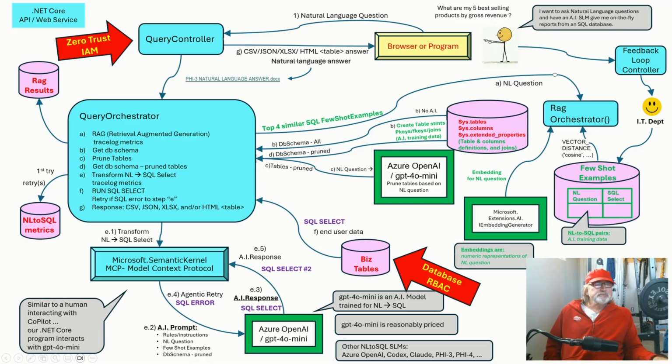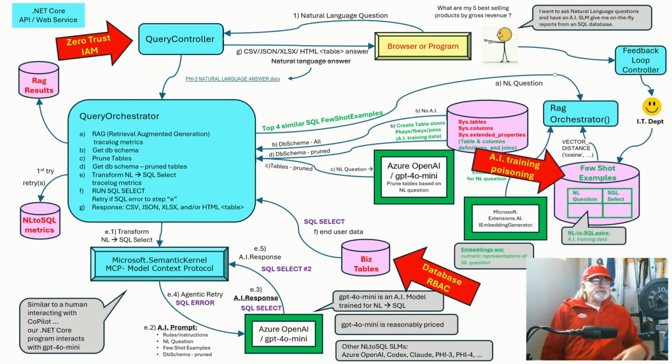RBAC must be used. And lastly, here's a relatively hard to find vulnerability. If the AI training data is compromised, a threat actor can potentially fool the AI into all kinds of mean, nasty, ugly operations that could damage and/or exfiltrate the SQL database.